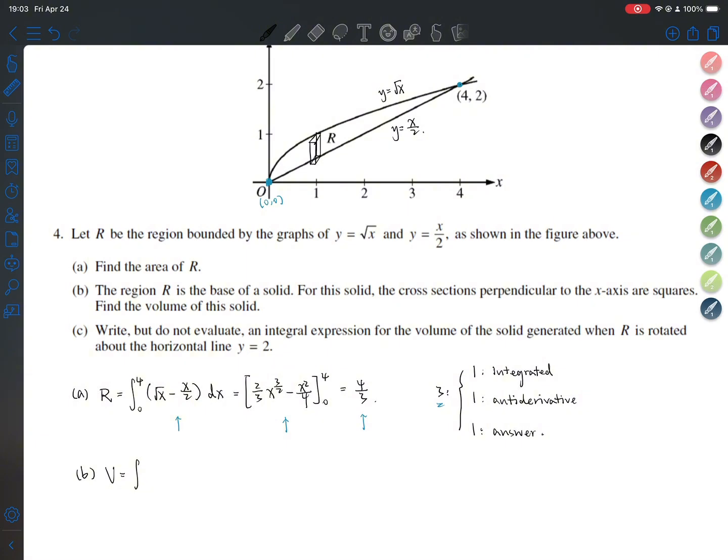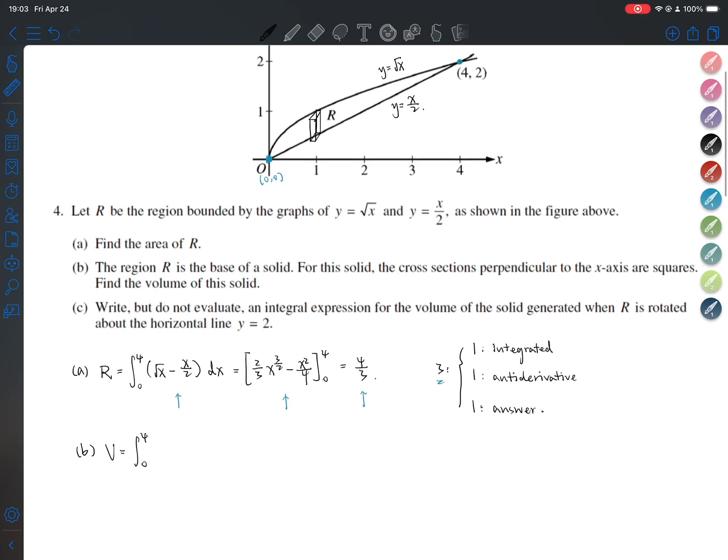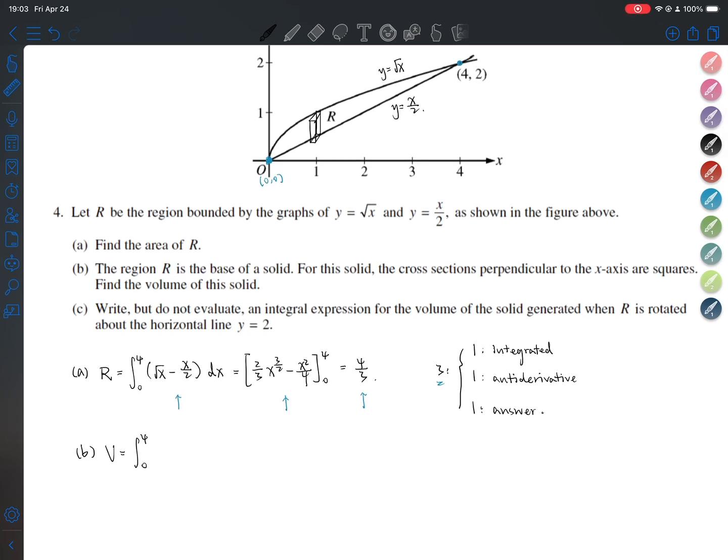So we write volume equals the integral, again from 0 to 4. And now we need a square. So the square is just the height times the width. And that is the same as question A. We already have that. So that's square root of x minus x over 2, squared. That's the area for the cross-section. And now we also need to consider the length. And the length is just dx.